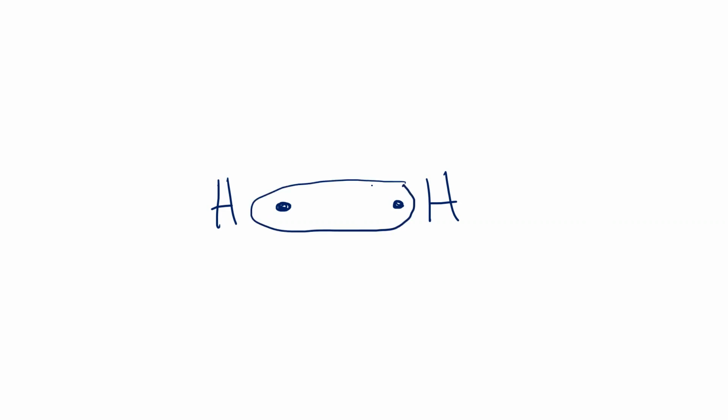Another way to look at this is H there, Lewis dot structure, pair of electrons now to be shared, giving you the hydrogen molecule with the electrons now shared between them.